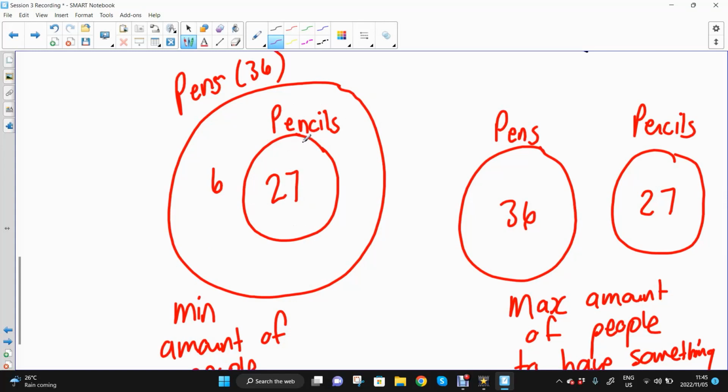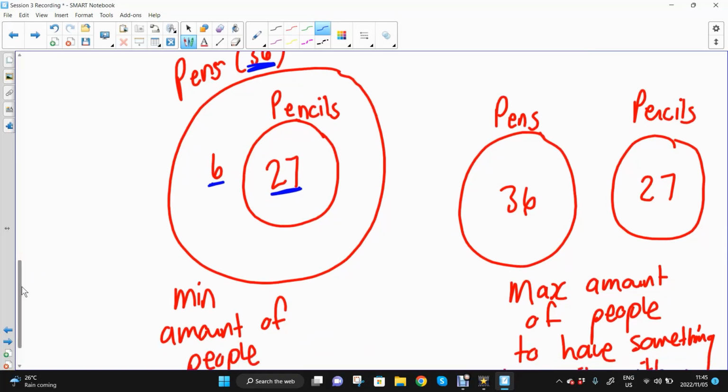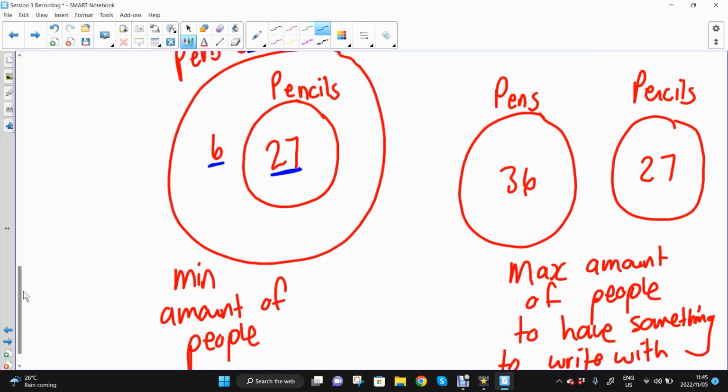I know there are 27 people with pencils. But if those 27 people with pencils also have pens, they will lie within the circle of pens. Together, if I add up all the people with pens, that will give me 36. So the minimum amount of people that will have something to write with will be 36 because the pencils are lying within the pens set. That might make a little bit more sense if you see it visually.